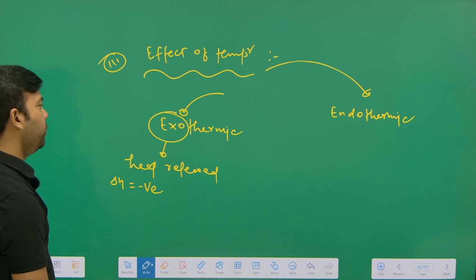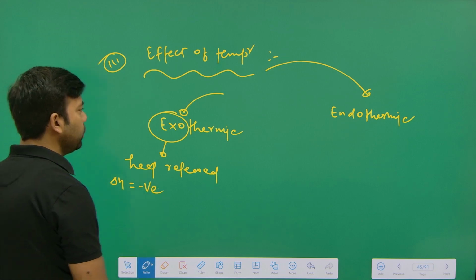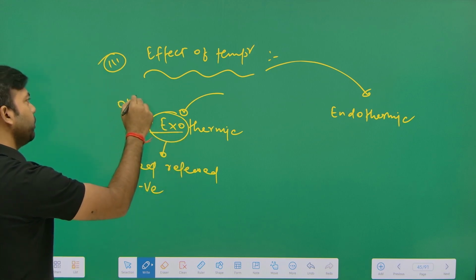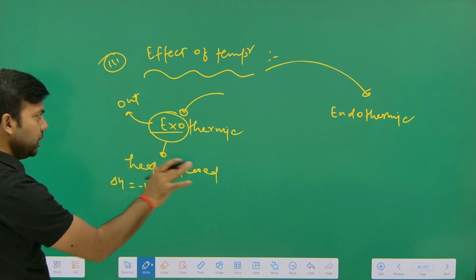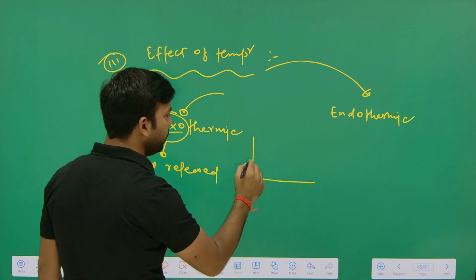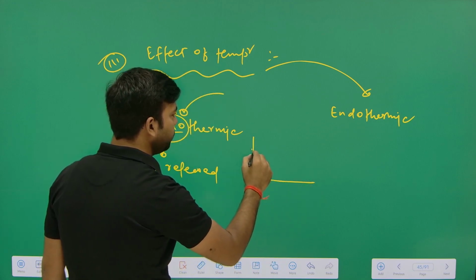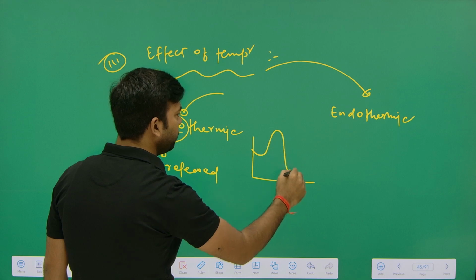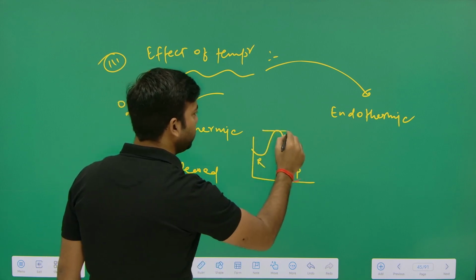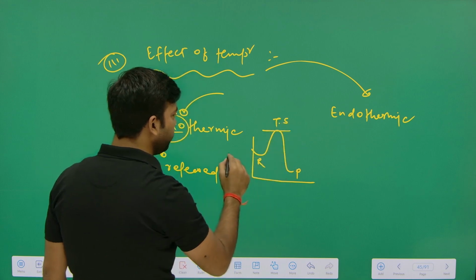Clear? And if you are going to talk about the graph of exothermic, exo means out. That's why energy is released. And the graph is what? Suppose this is reactant, this is product, and this is called the transition state. This is potential energy.